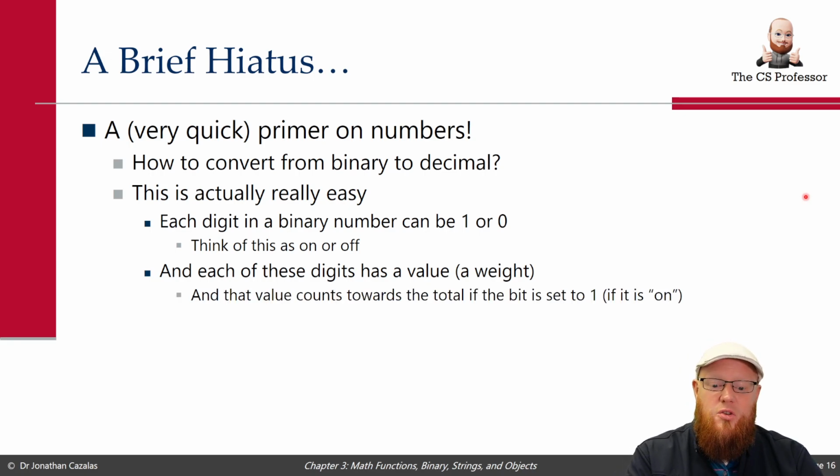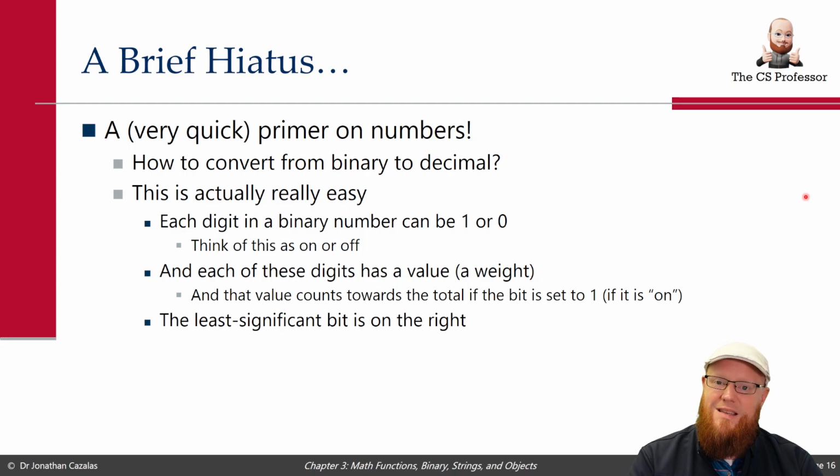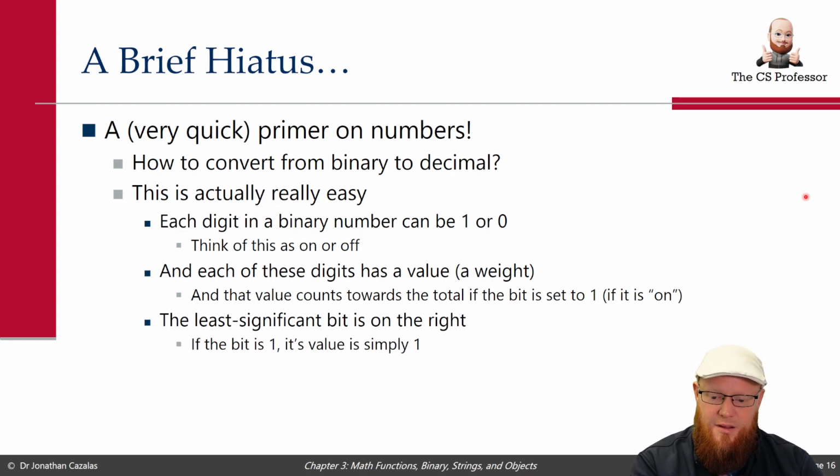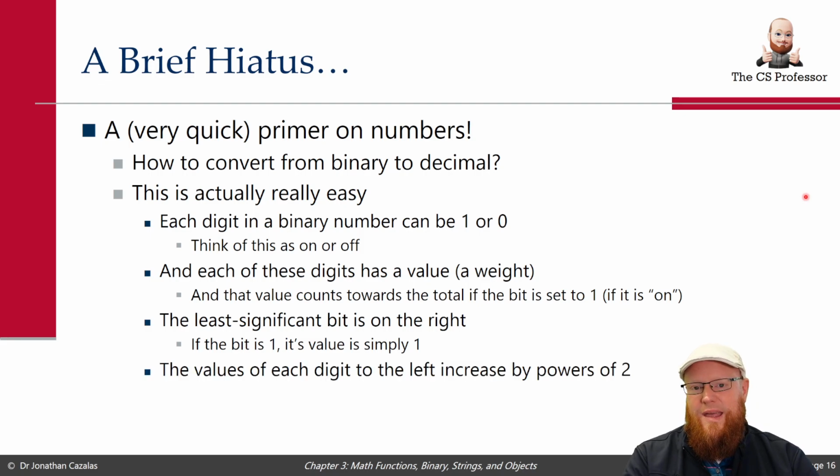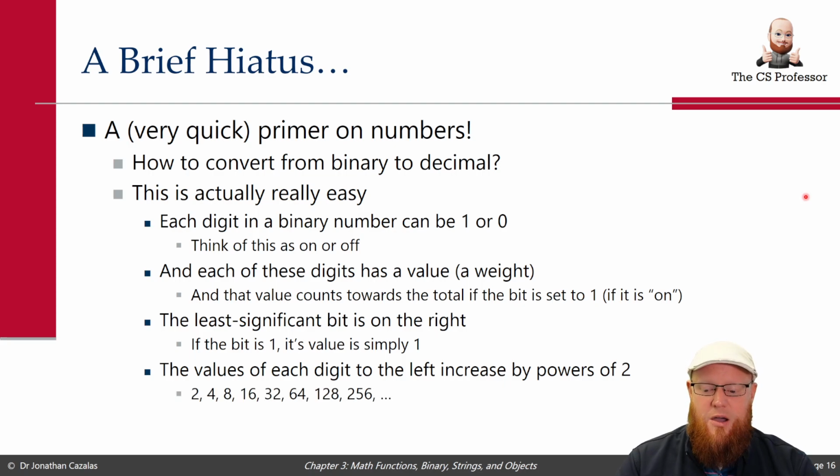And that value counts towards the total if its particular bit is set to 1. The least significant bit is on the right and its value is 1, and the values of each subsequent bit as we move to the left increase by powers of 2, as you see here. I'm going through this quickly because I'd rather see an example.